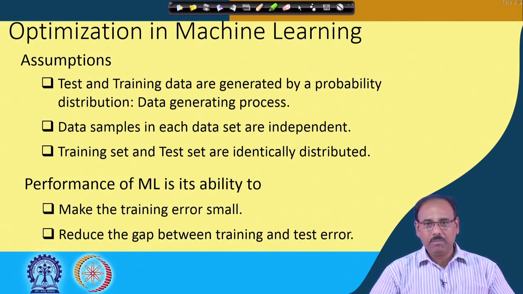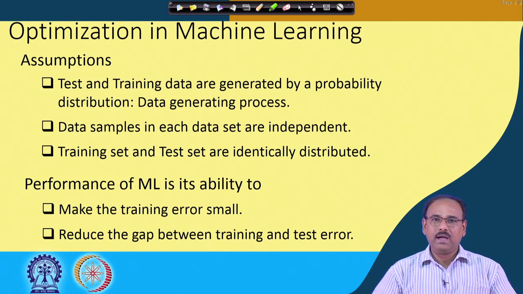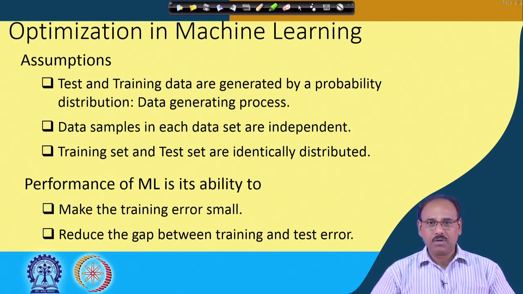And for that we make some assumptions popularly known as IID assumptions. So, what we assume is that both the training data and the test data are generated by a probability distribution, which is known as the data generation process or data generation model. We also assume that the data samples in each data set are independent.